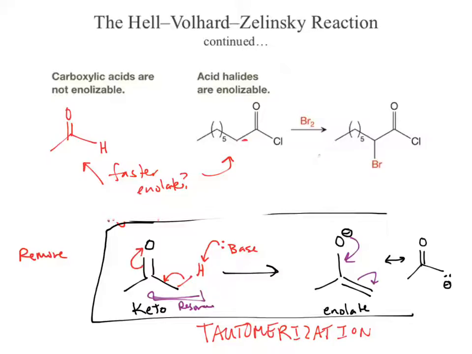They both have that alpha hydrogen, so both of those could potentially be removed. What's going to make one of them react faster than the other? If it's more acidic. So what we're really asking is which is actually more acidic. How do we determine acidity? The ability to stabilize our negative charge.